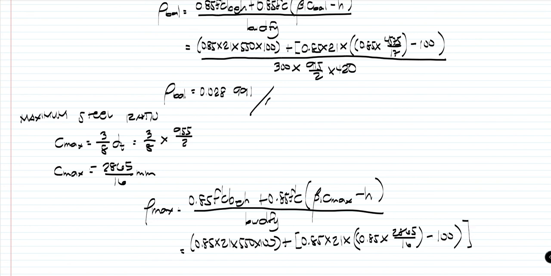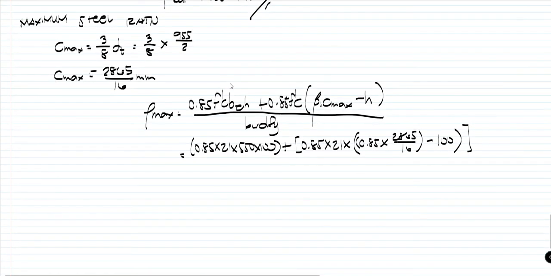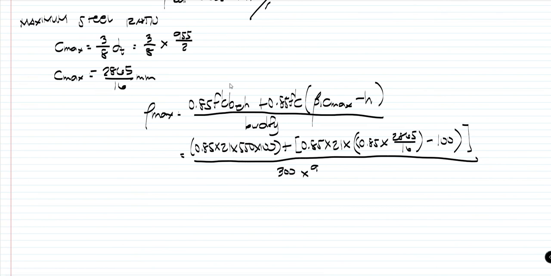So that should be divided by BW dFy. So that is BW is 300 times 915 over 2 na D times Fy is 420. So our raw max coming from this equation will be 0.02188.